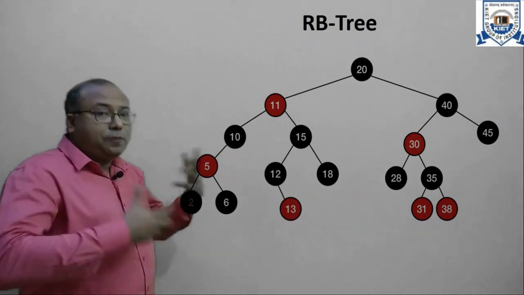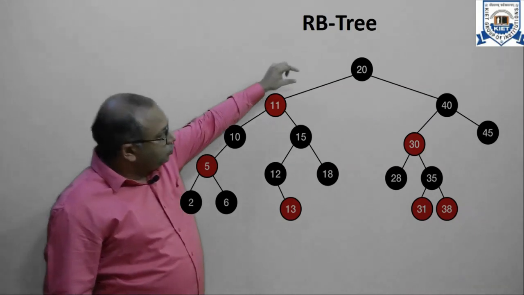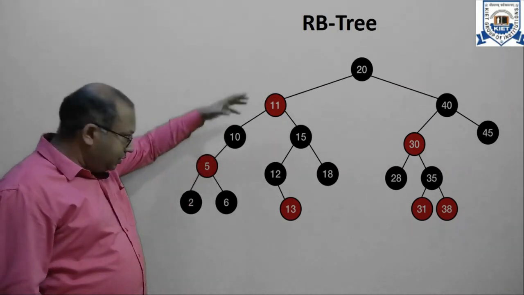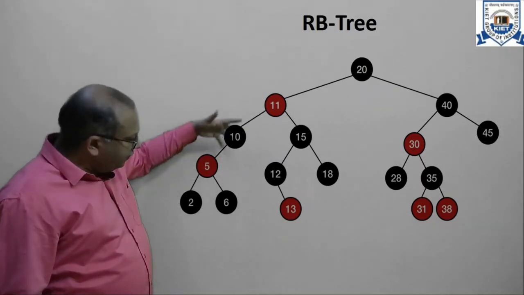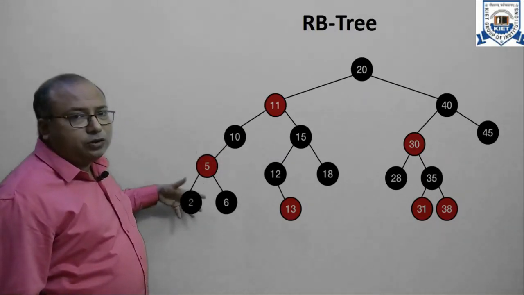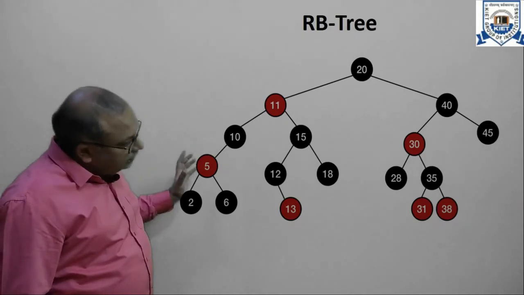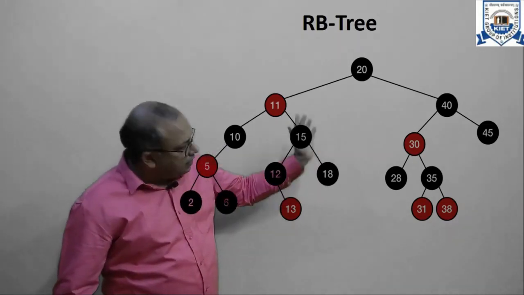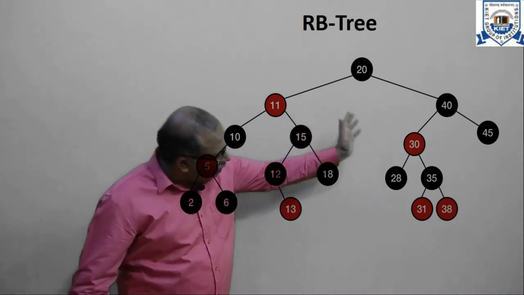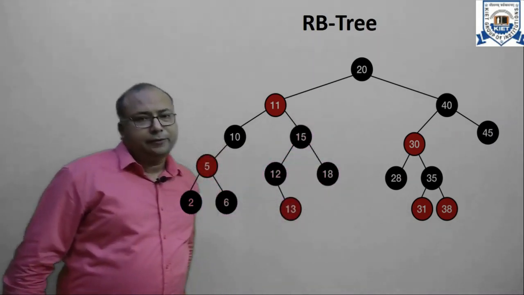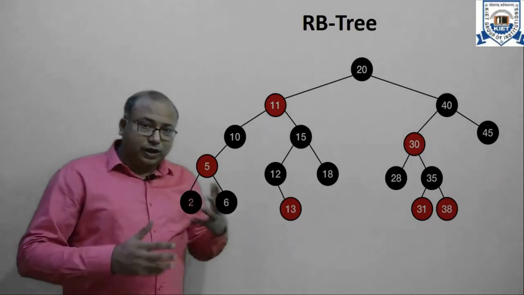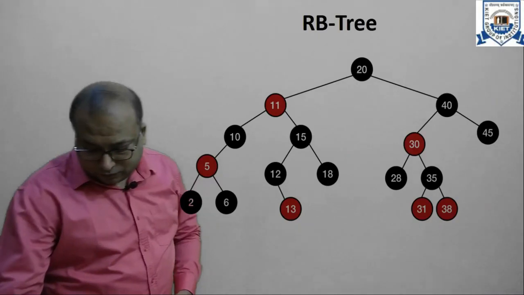But anyhow, suppose for understanding, if you move from the root 20 to a leaf on the left-hand side, you find a certain number of black nodes. Then the same number of black nodes will occur if you move from the root to a leaf on the right-hand side. But the leaf nil is important, so we are coming to that part also.